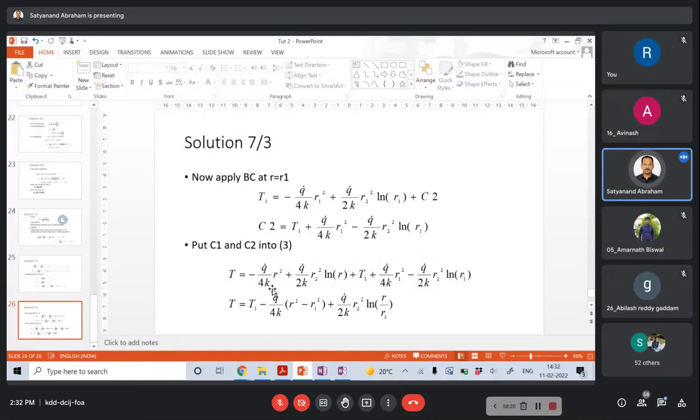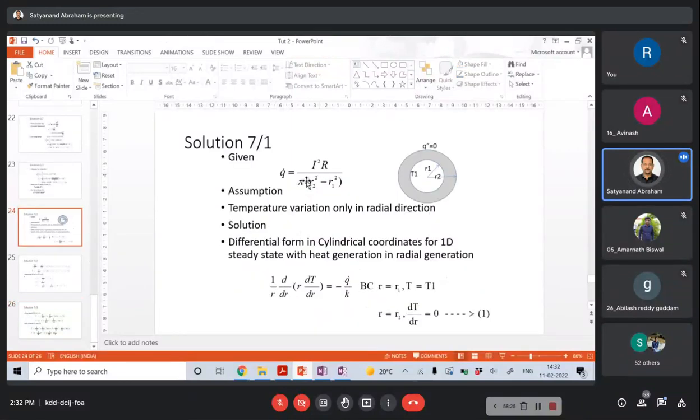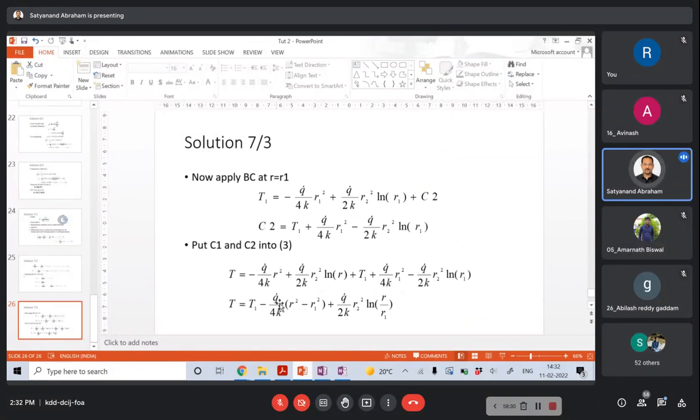If you want to expand this, you can write what q is. We found qi as I squared R by pi (r1 squared minus r2 squared). Putting that in, you can have a little bit of simplification.